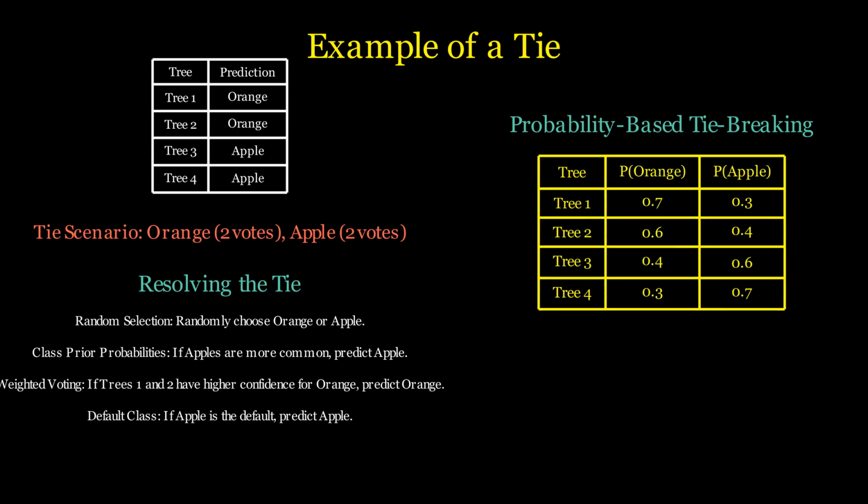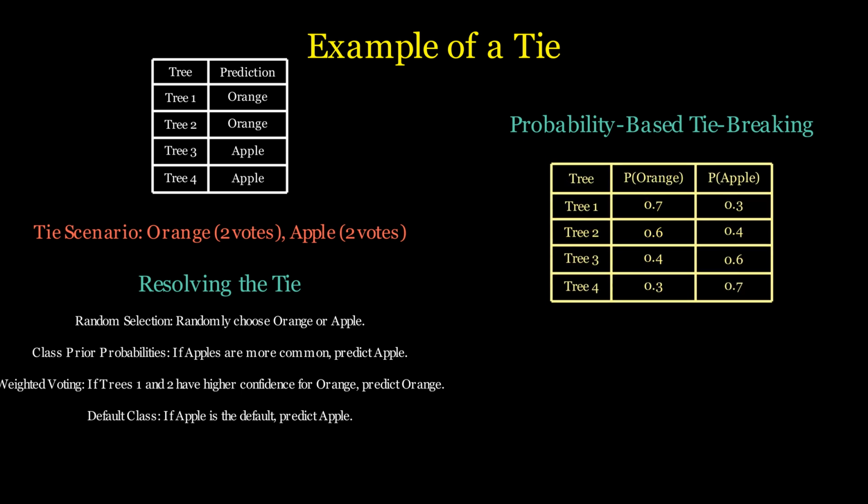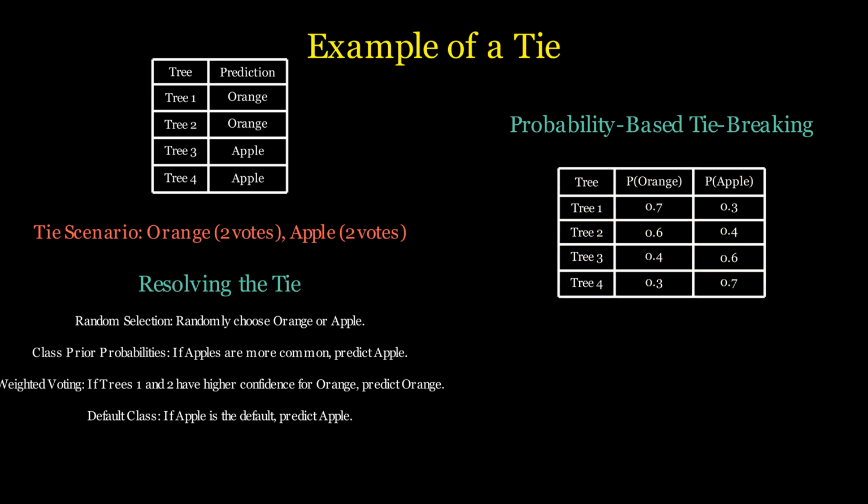Tree 2 with 60%, tree 3 predicts apple with 60%, and tree 4 with 70%. The average probability for orange is 0.5, and for apple is also 0.5. In this case, the tie remains unresolved, and another mechanism must be used.